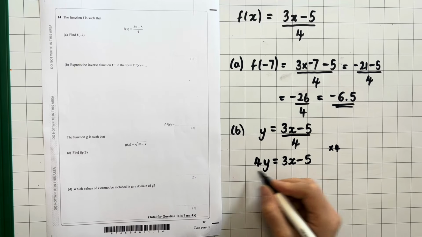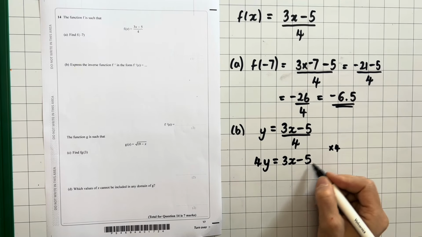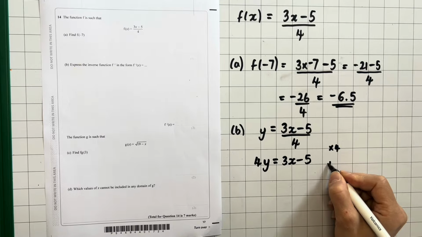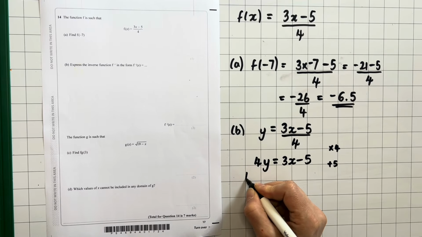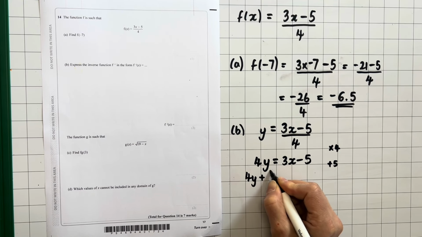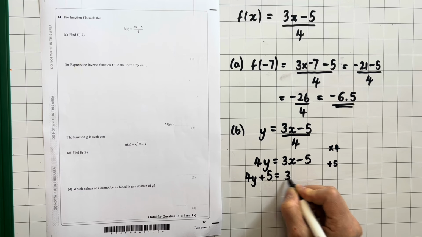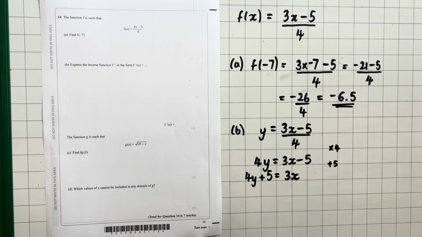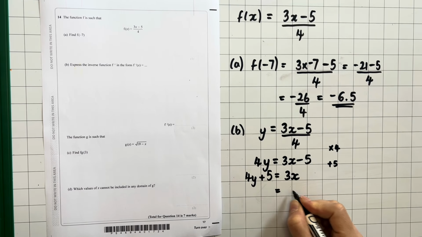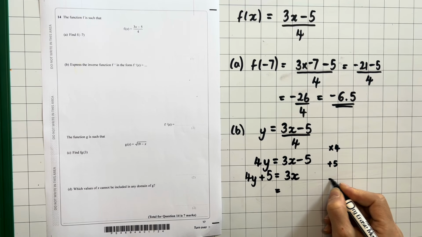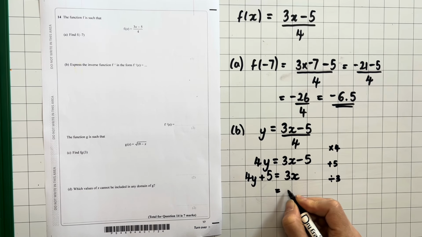If we now add 5 to both sides, this 5 will cancel out, leaving us with 3x on the right-hand side. And finally, we need it to be x equals something, so we only want 1x on this right-hand side, so we need to divide both sides by 3.